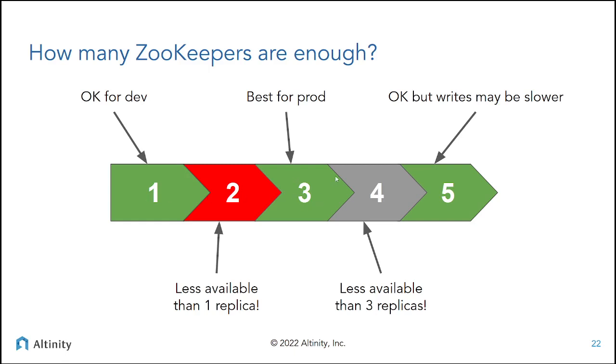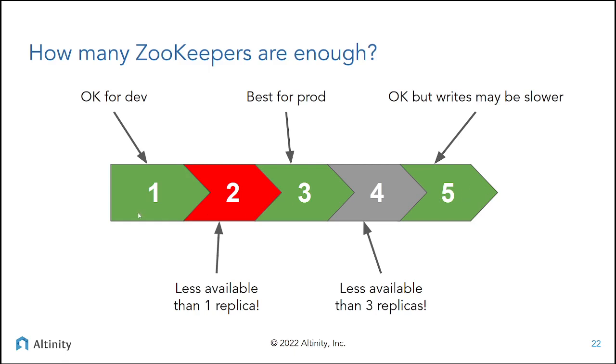If you're running in production, it turns out 3 nodes is the best overall. You can use 5, but as we showed, the writes can be slower because the leader will need to contact more followers to be sure that everybody got messages.